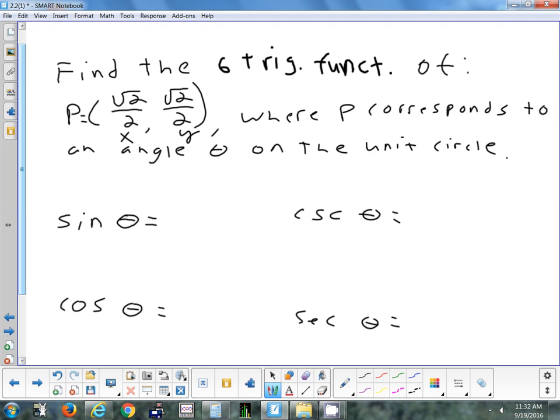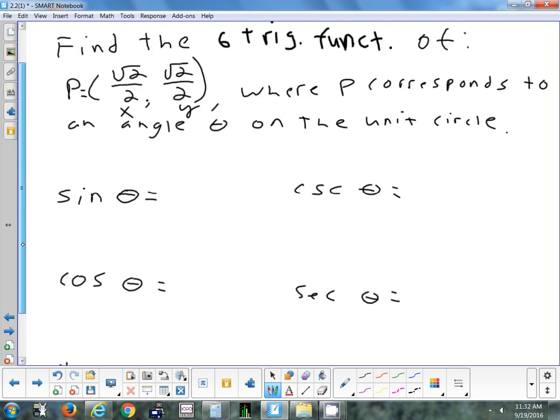Does anybody have a guess what angle that might be? If you go right on the x-axis and up on the y-axis, the same amount? It is. That is the coordinate for a 45-degree angle. How would you get that? You don't have to worry about that today. Okay, that'll be tomorrow. But if you really wanted to know, it is the coordinate for a 45-degree angle. Okay, so again, you don't need to know that. We just need to plug it into the formula and figure out all 6 trig functions.